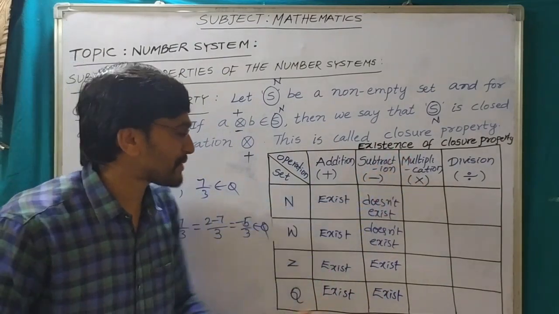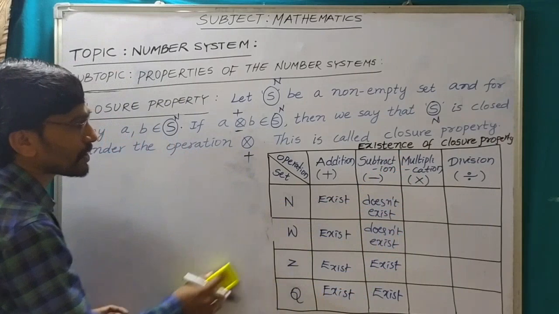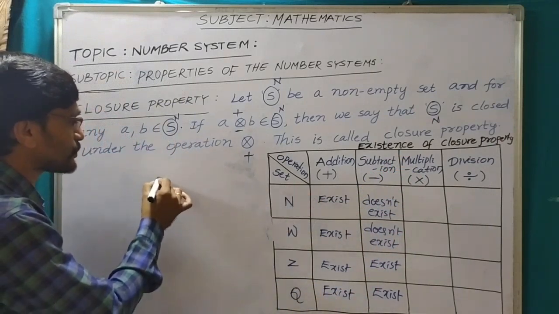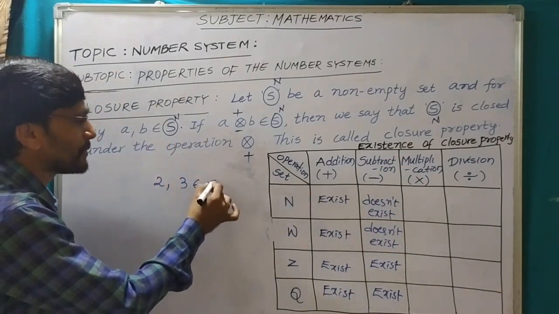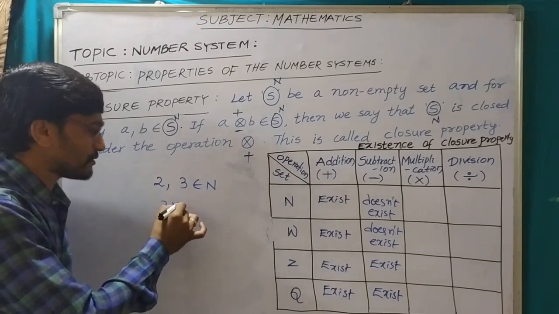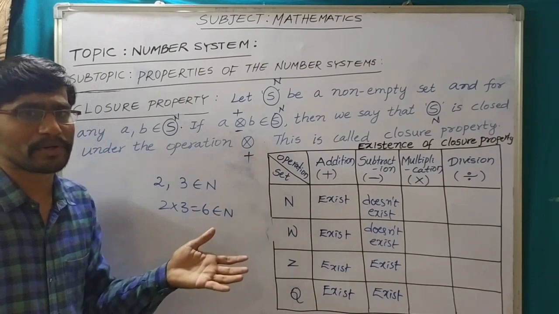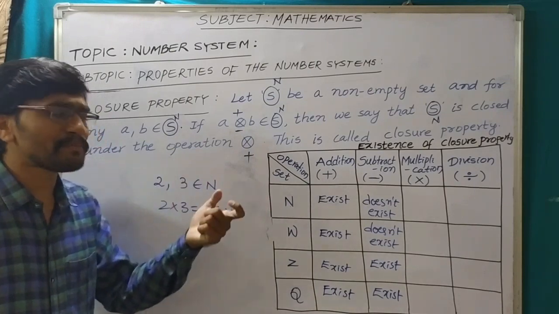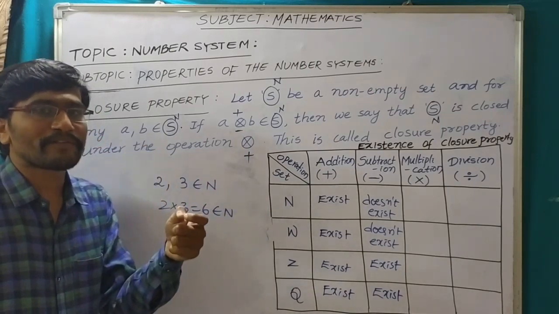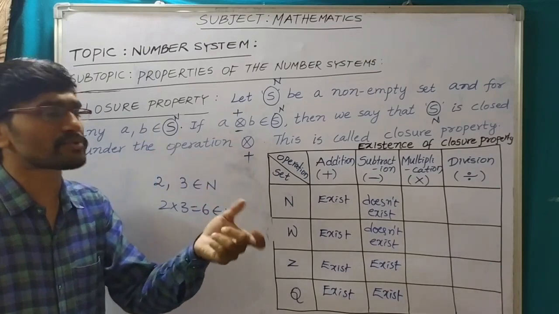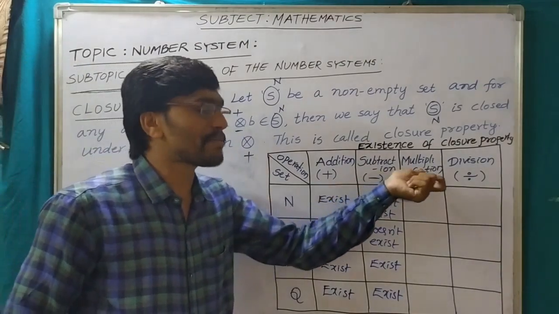Okay. Now see multiplication. In natural numbers, let us take two natural numbers, 2 and 3, belonging to N. 2 into 3 is 6, and 6 belongs to N. Like that we can take any example. You can say simply that the product of two natural numbers is always a natural number, so natural numbers are closed under multiplication.